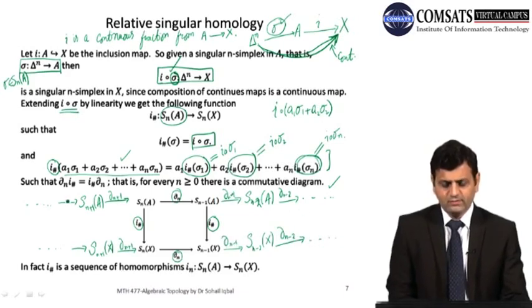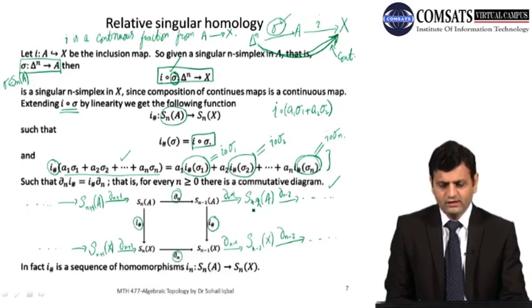So these are two chain complexes, and this I, which is a continuous function from A to X, will give me these maps I sharp between any two corresponding collections of n chains like this.